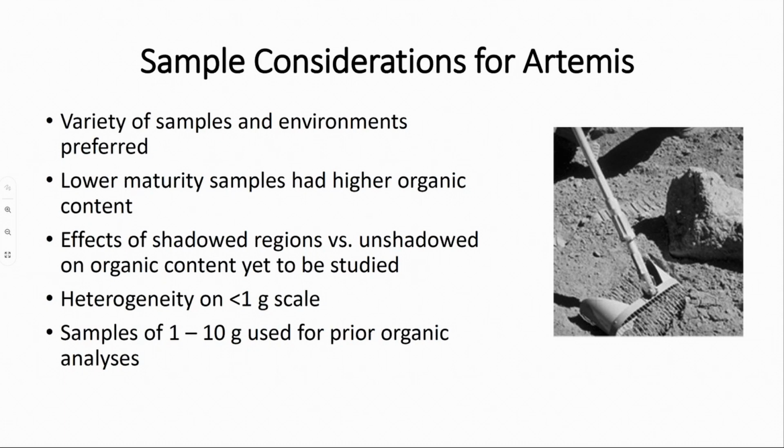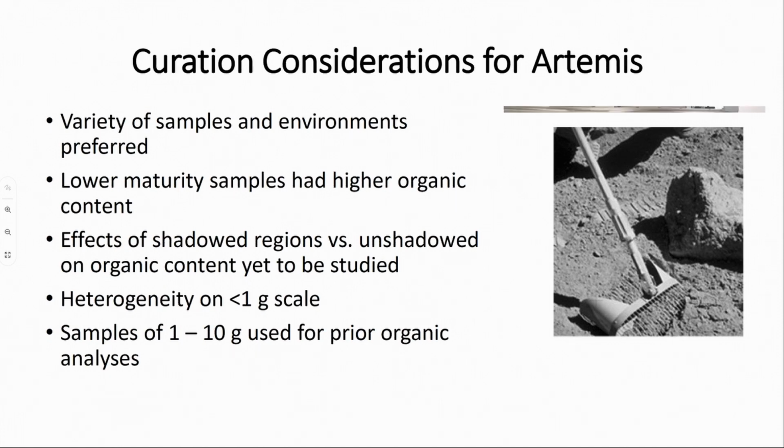I mentioned earlier the heterogeneity on the less than 1 gram scale, and many of these organic analyses use sample sizes of between 1 and 10 grams. I think it's important to realize that when determining how much material to sample and to consider allocating for analyses, though I know we just heard from Julie about what the total limitations will be on the amounts that can be returned. Next slide, please.